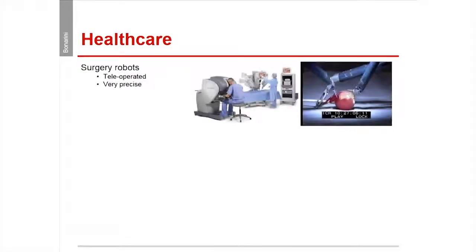Healthcare. We have surgery robots. They are very precise, and they are teleoperated. You see here the surgeon, here the robot, and here should be the patient. This is just to recall that you have the possibility to see the nice experiment that they do to train the surgeon.